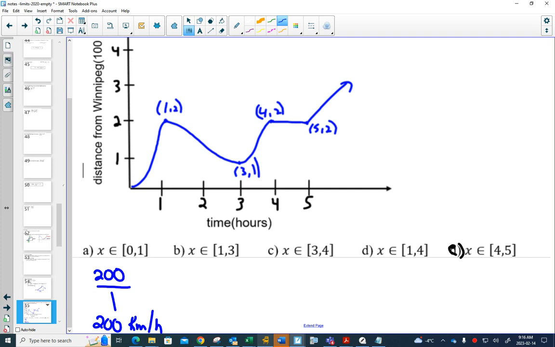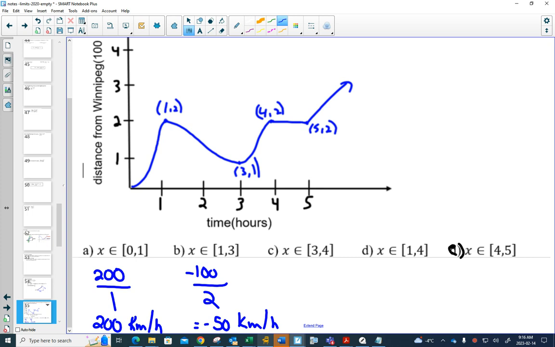From 1 to 3, your x value has changed 2, and now we have gone 2 down to 1, which would be down 100 kilometers. Negative 50 kilometers per hour.